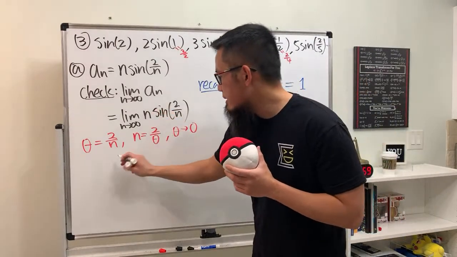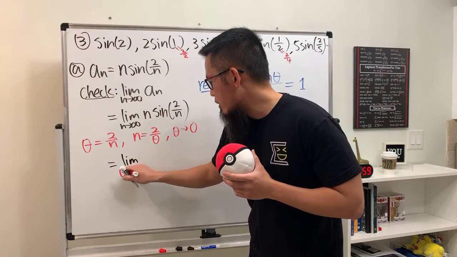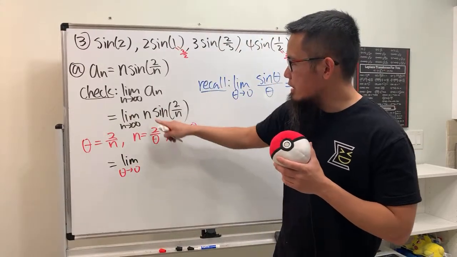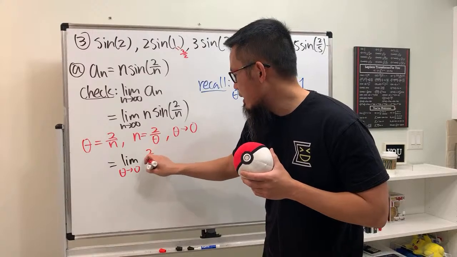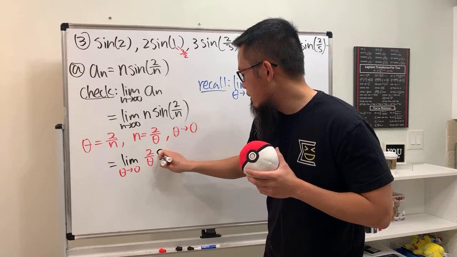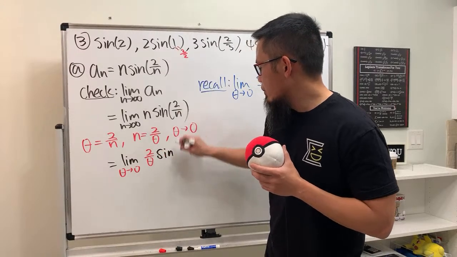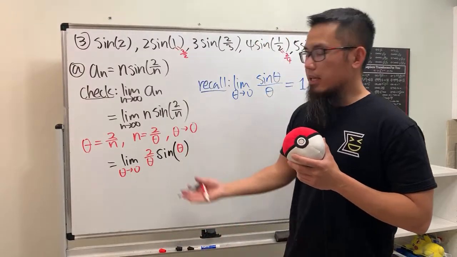So we can take this limit into the theta world, limit as theta goes to 0 now. And you see n is equal to that, namely 2 over theta. And then here we have sine of 2 over n, which is theta. Right?